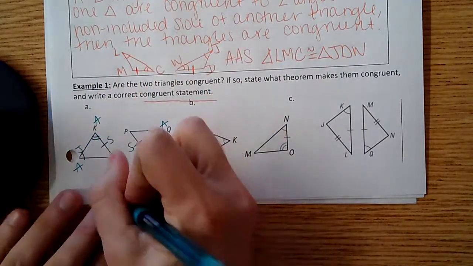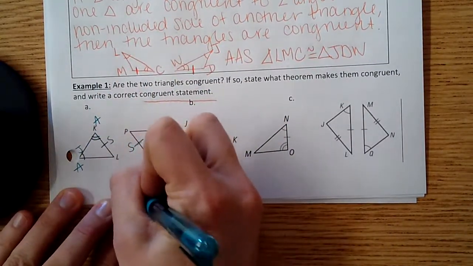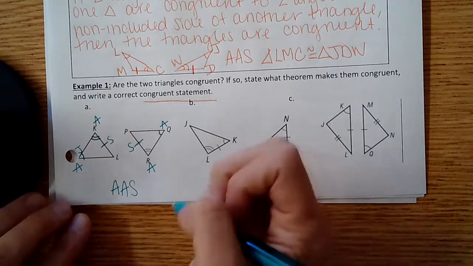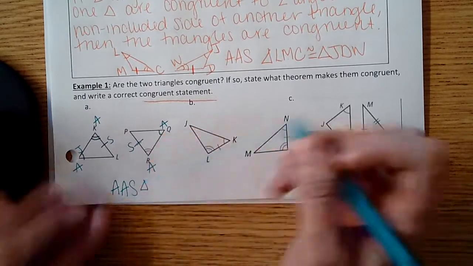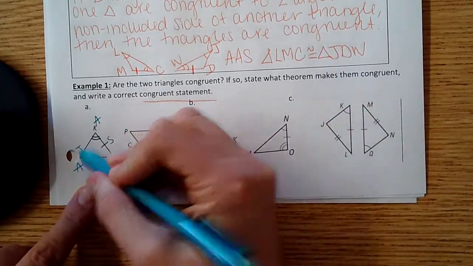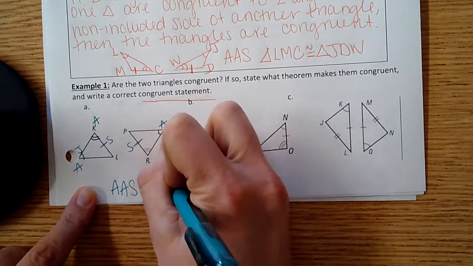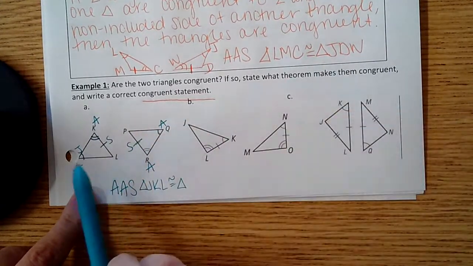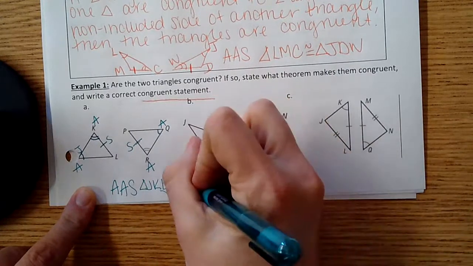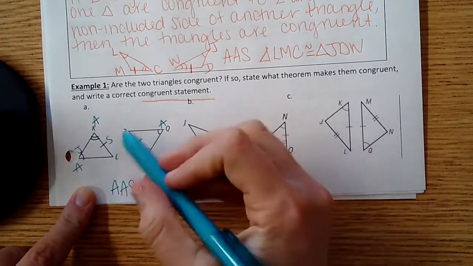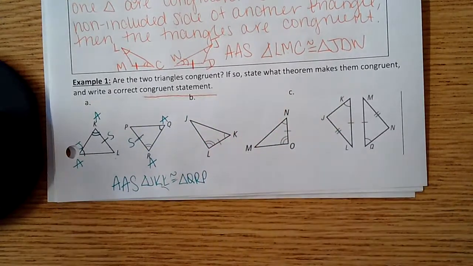So it's not included, which makes it angle, angle, side. All right, let's take a look at part B. Oh, sorry. Now we need to write a congruent statement. So triangle JKL is congruent to triangle. Well, J corresponded to Q. K corresponded to R. L corresponded to P.